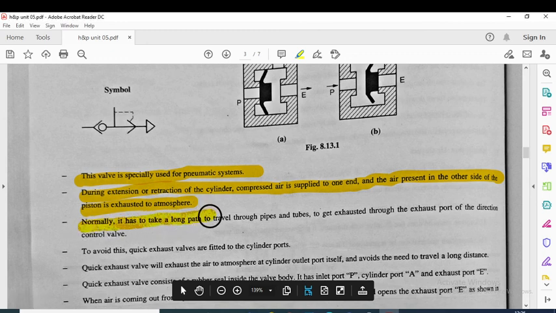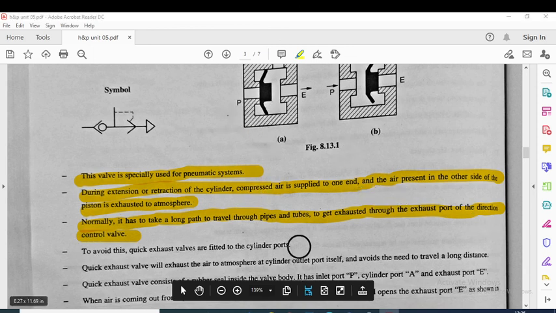Normally, the air has a long path to travel through pipes and tubes to reach the exhaust port of the direction control valve. Here the exhaust port of the cylinder is connected to the exhaust port of the direction control valve, but it requires much more pipe connection.